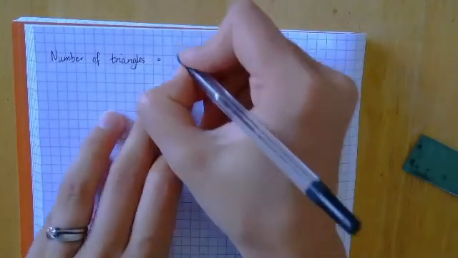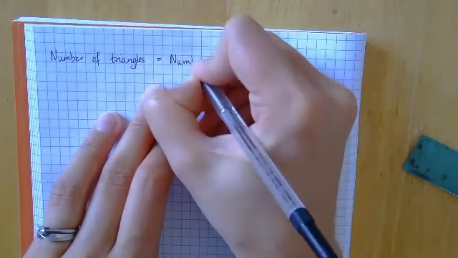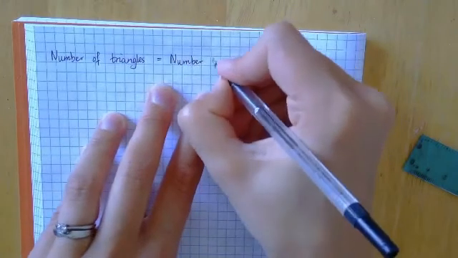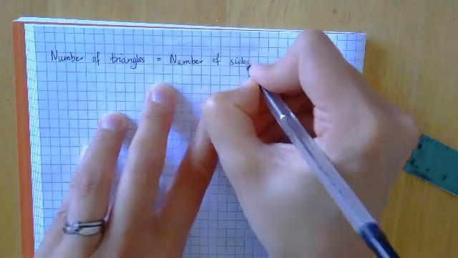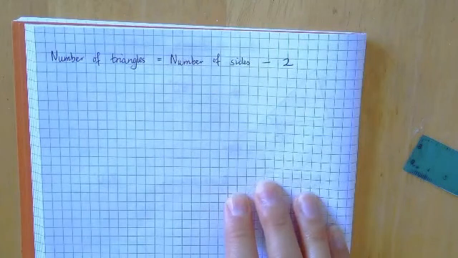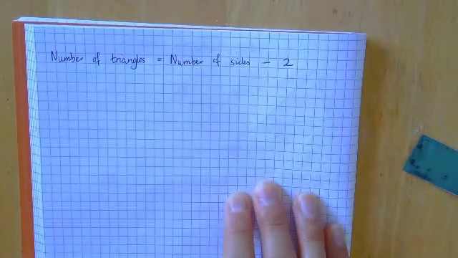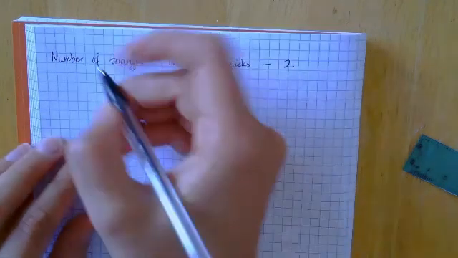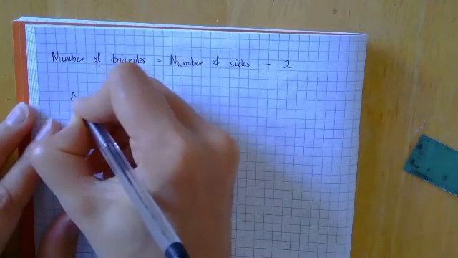So we always take away 2 from the number of sides. So our number of triangles is going to equal our number of sides take away 2. Okay? And then we're going to multiply that by 180.